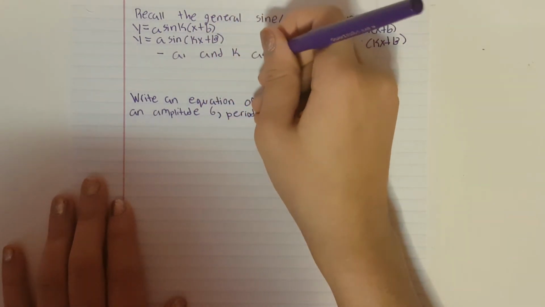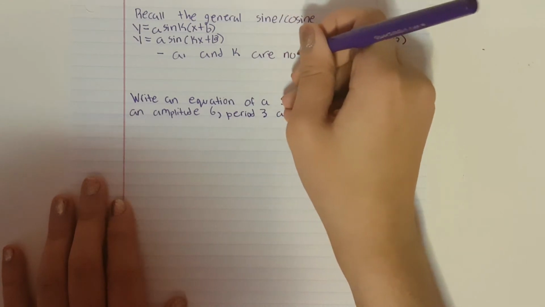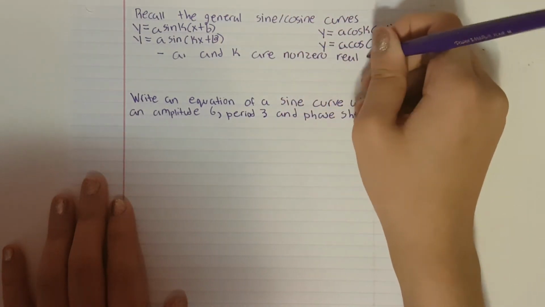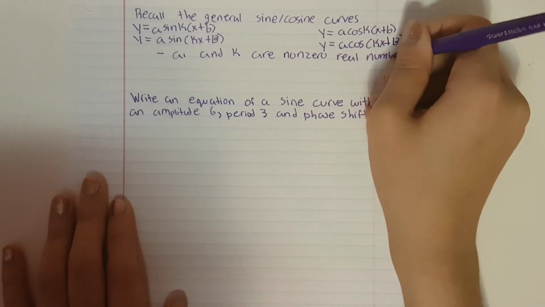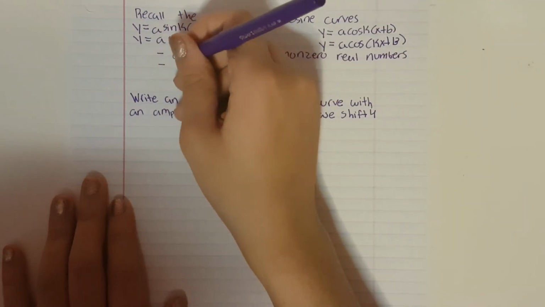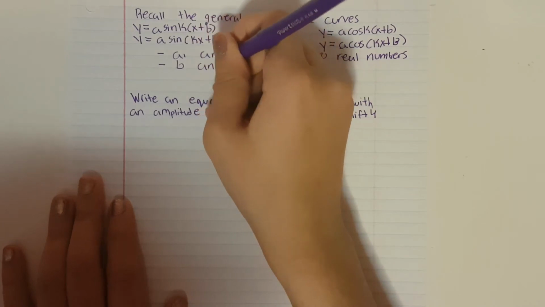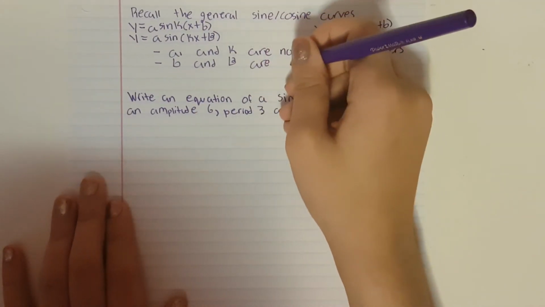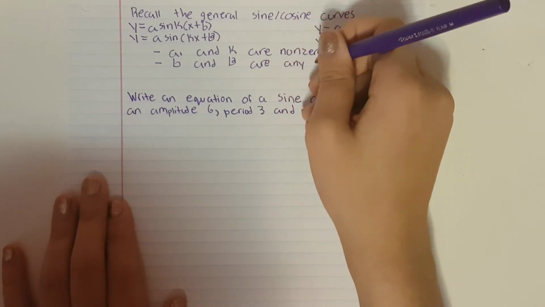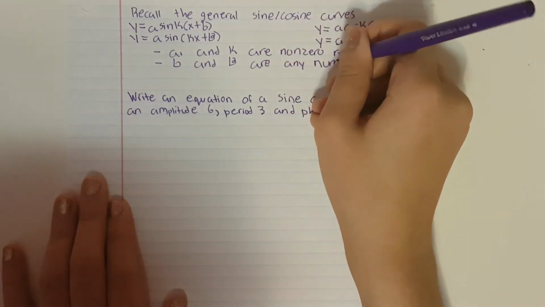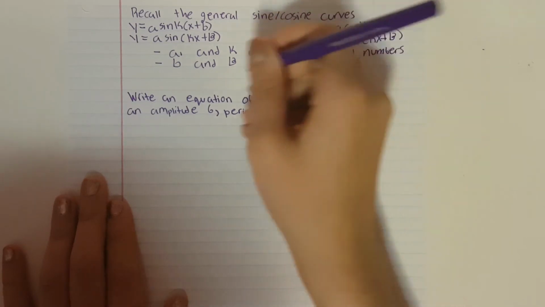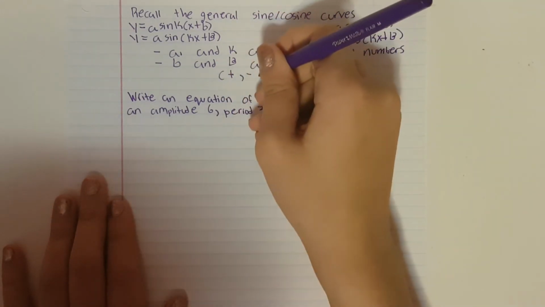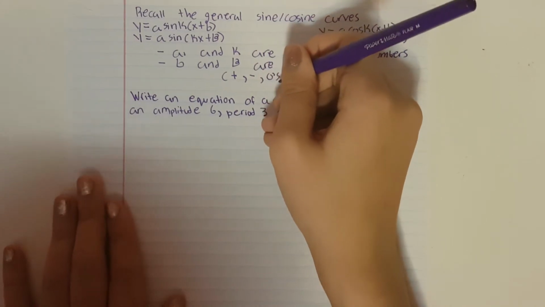A and k are non-zero real numbers, and b is any real number, which can be positive, negative, or zero.